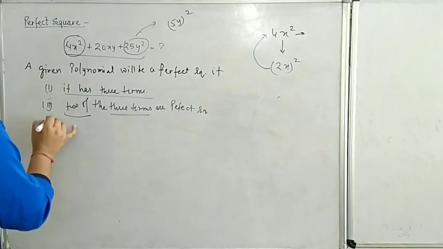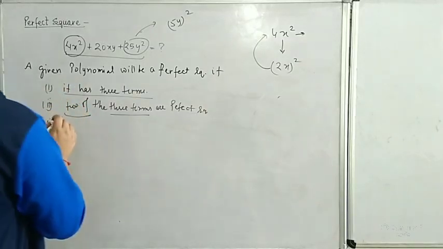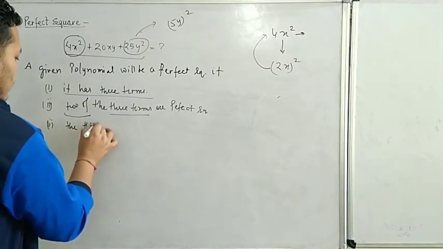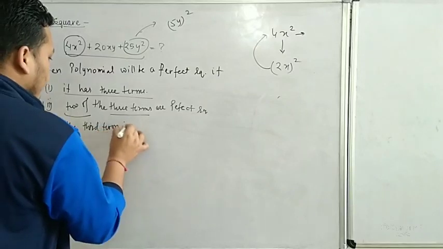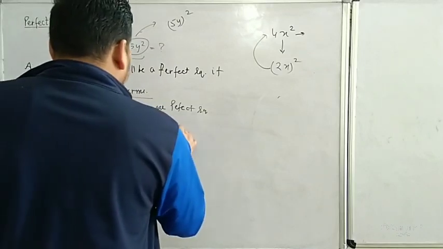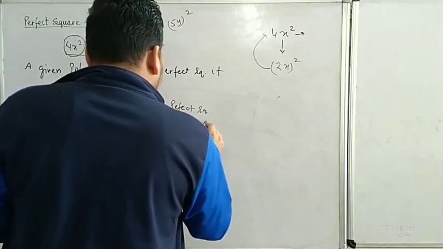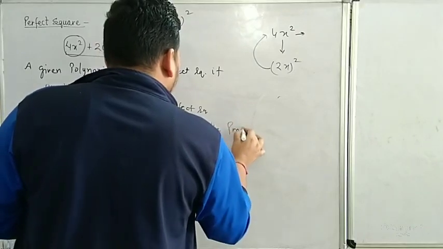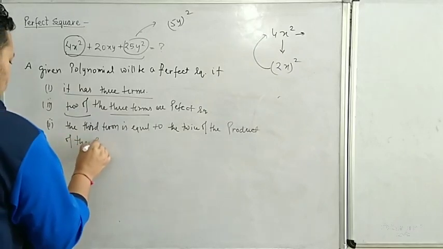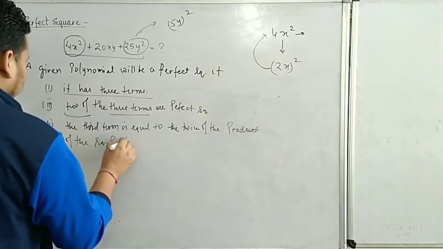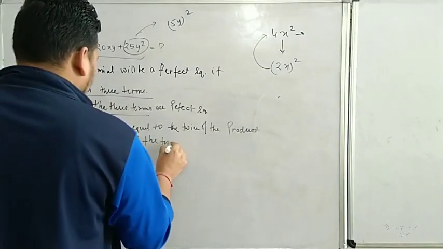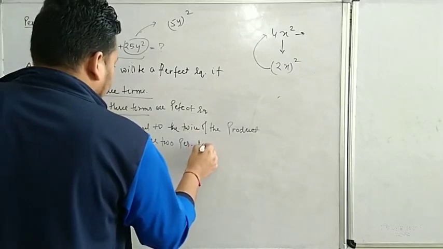And the third condition, which is very important to recognize it: the third term is equal to twice the product of the square roots of the 2 perfect squares.